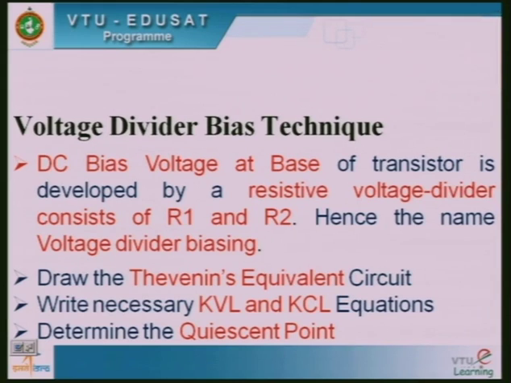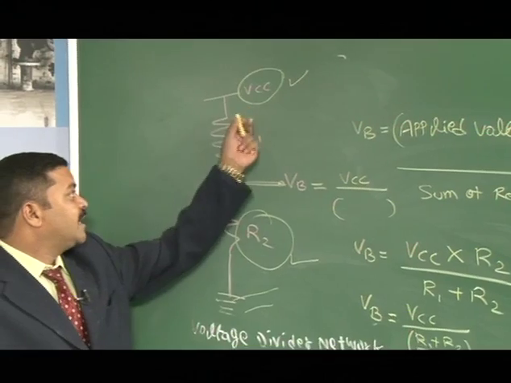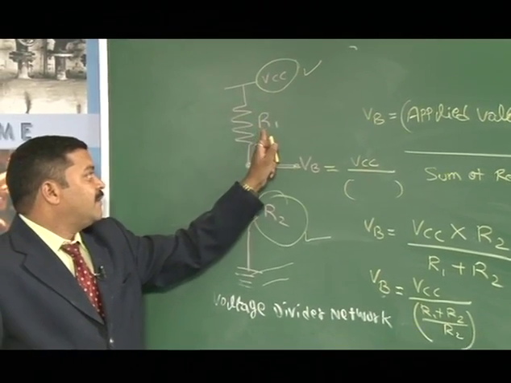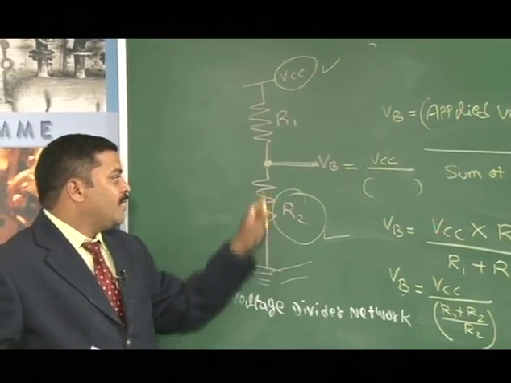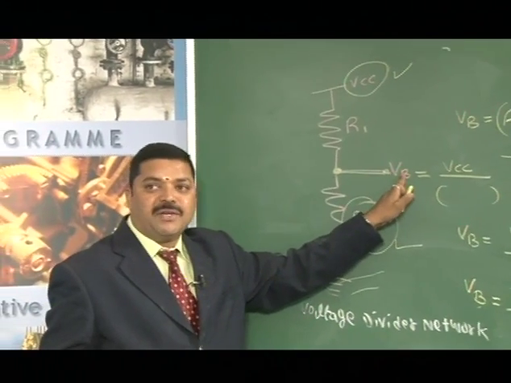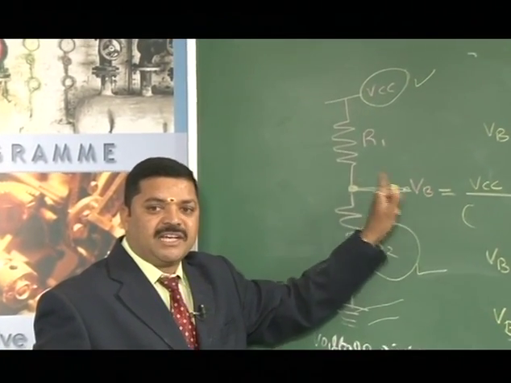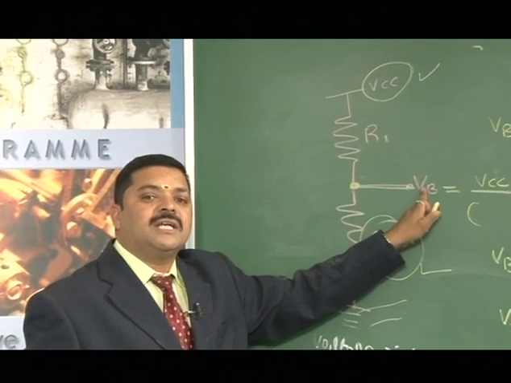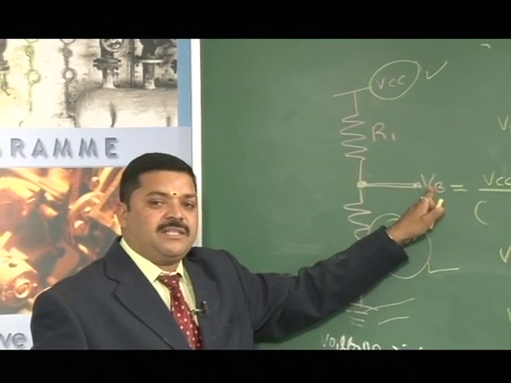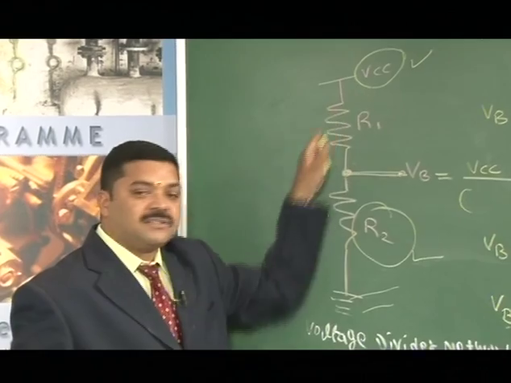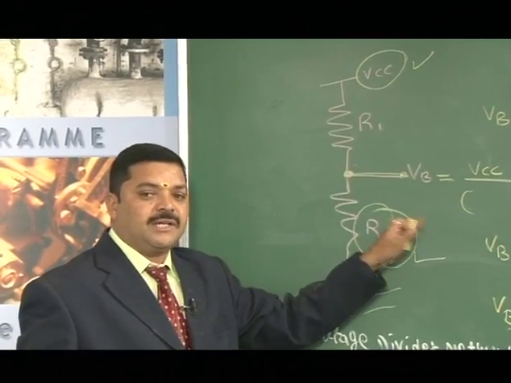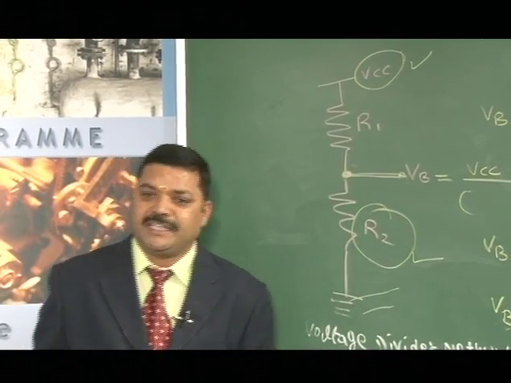The voltage divider network consisting of R1 and R2 is connected to the base of the transistor. Therefore, the base voltage is supplied by this network. Hence, the name voltage divider biasing for the biasing circuit.